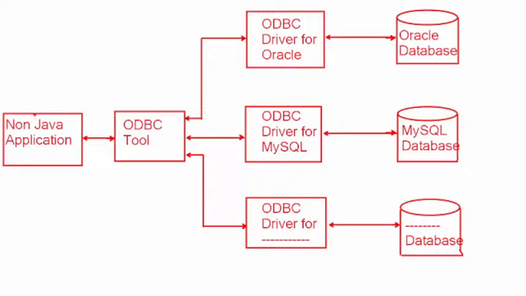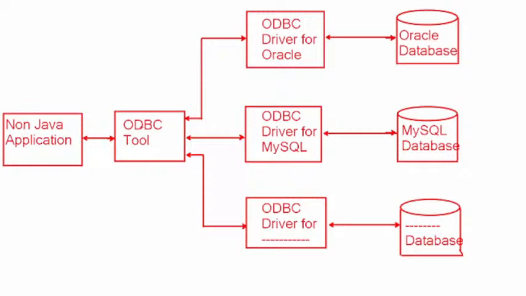See, here I wrote non-Java, other than Java. So before the Java language, how did they connect to databases? Before Java, how did they connect a non-Java application and a database? That is this diagram. The non-Java application connected to the ODBC tool.